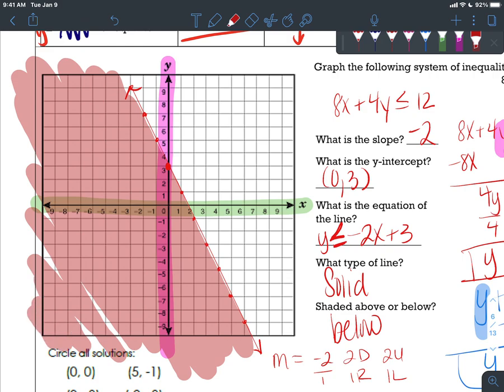So anything that's shaded in red is also part of the solution. Because this line is solid, anything on the line is part of its solution.